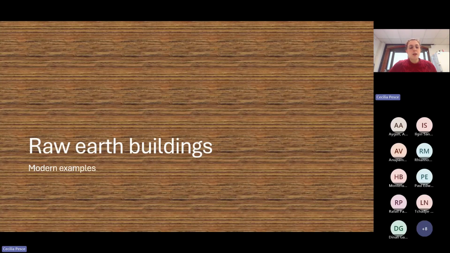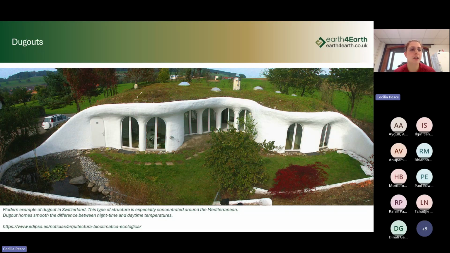Now we have a look at a couple of examples of modern architecture made in raw earth. This is a dugout in Switzerland. Dugouts is really one of the first example of house made in raw earth is excavated in the soil.